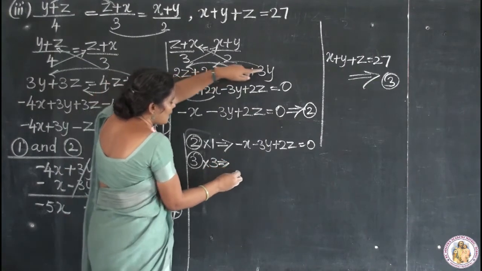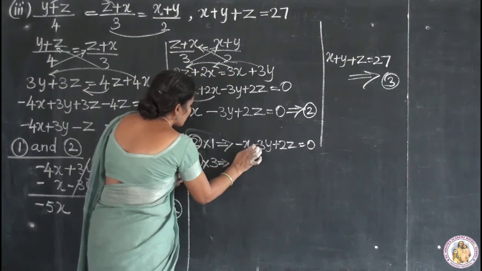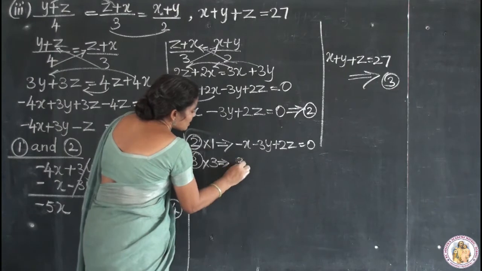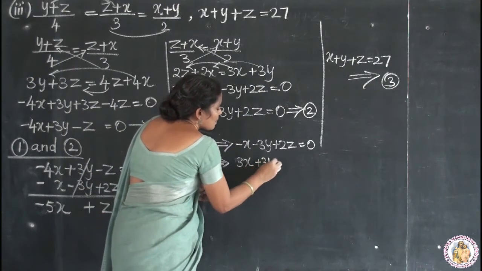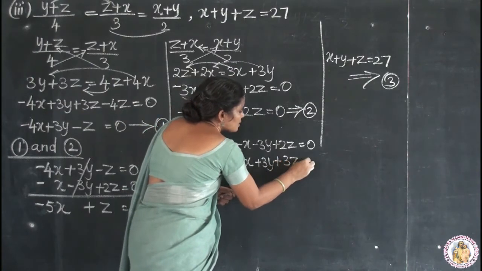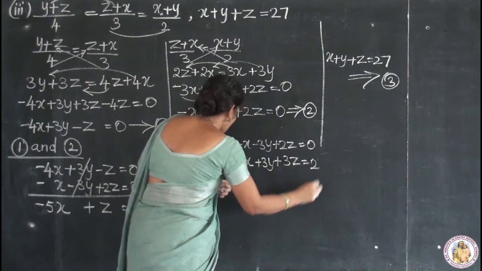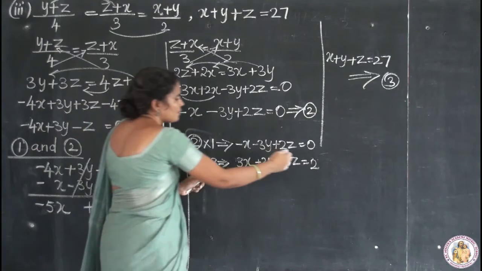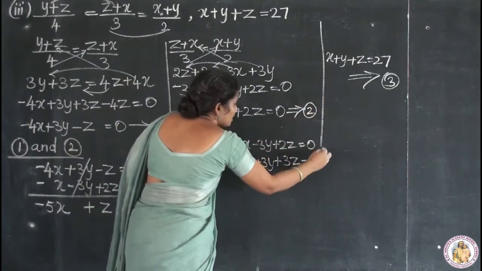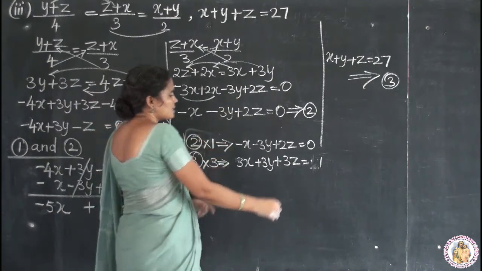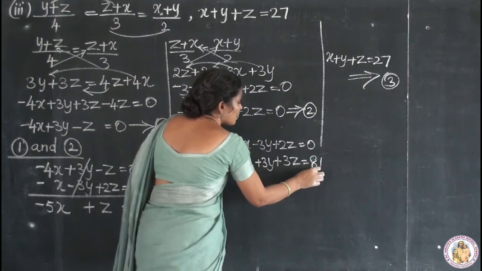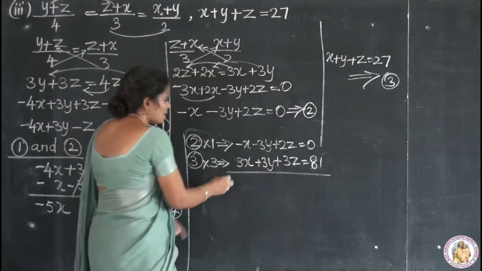3 into x, 3x, and 3 into y, 3y, plus 3 into z, 3z is equal to 27 times 3, which is 81.